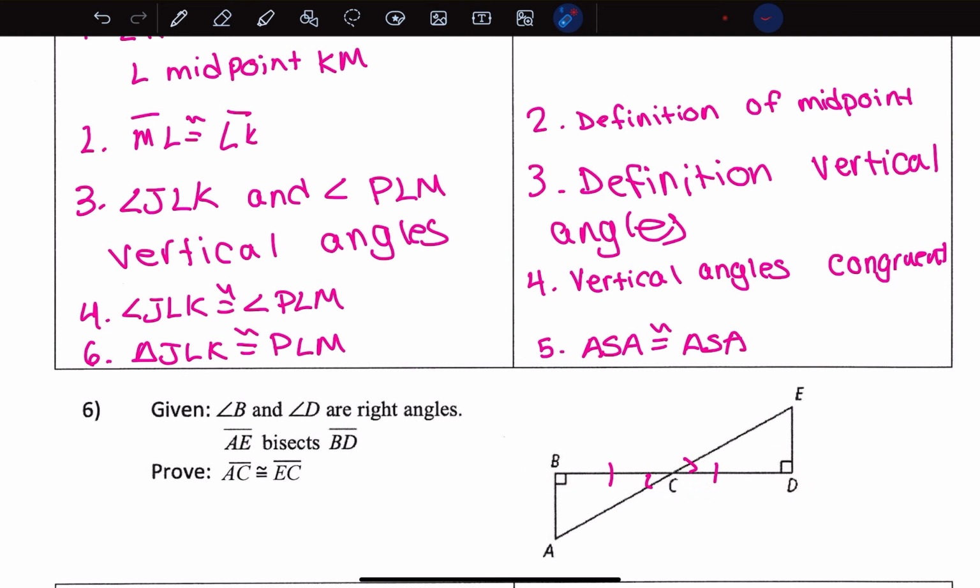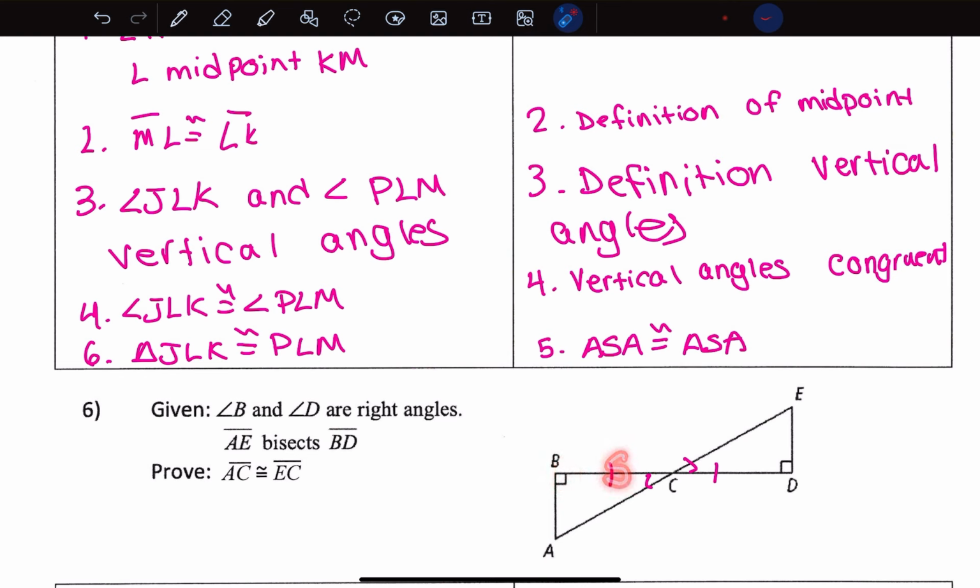Now, they didn't tell us anything about the hypotenuse. They're actually asking us to prove that these are congruent. So I am going to say we're not going to use HL. And what we can use is our favorite little bow tie to say that we have vertical angles. And because they're vertical, they are congruent. So I have to state that these angles are congruent because they are right.